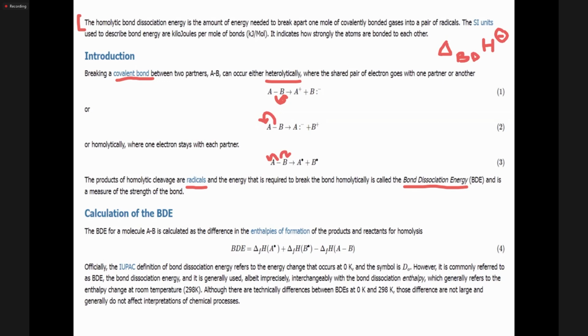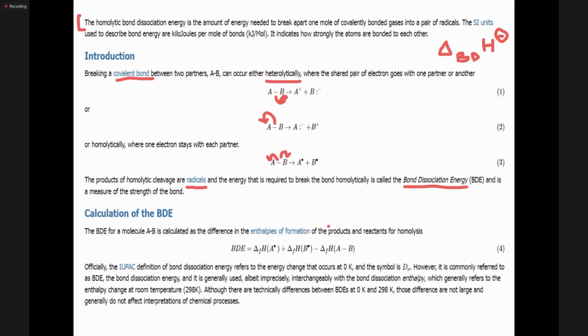Now, the BDE for a molecule AB is calculated as the difference in the enthalpy of formation of the products and the reactants for homolysis. If we take up equation 3, you can see the products are A dot and B dot, and the reactant is AB.